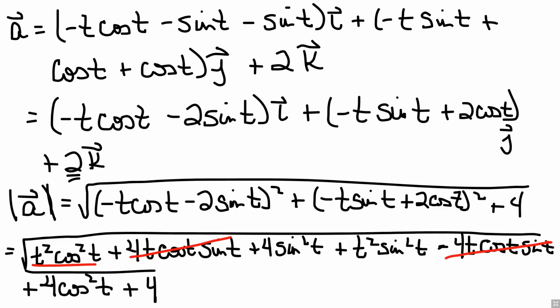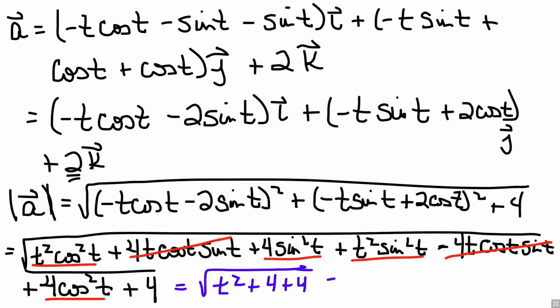These terms combine to give you just t squared. These terms combine to give you just 4, and then you've got another 4. So you've got the square root of t squared plus 8.